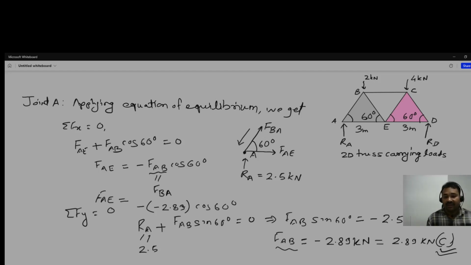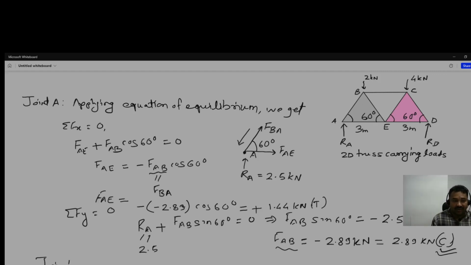So always carry whatever the sign, like minus sign here I have put with the same value, and the minus was already there. So what we get is a positive value, and that is equal to 1.44 kilonewton. So in this way we can get all the forces.